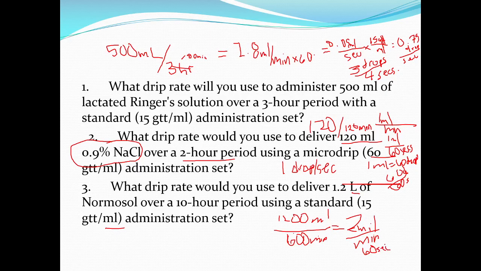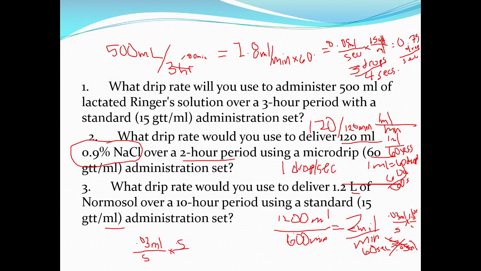2 divided by 60 is 0.03 mils a second. Now we need to change mils to drops.